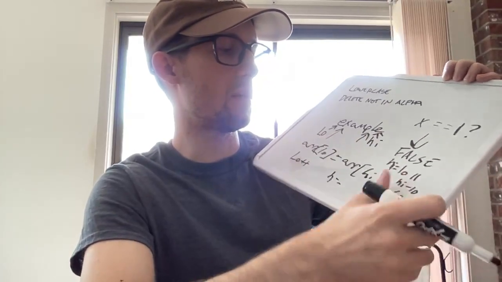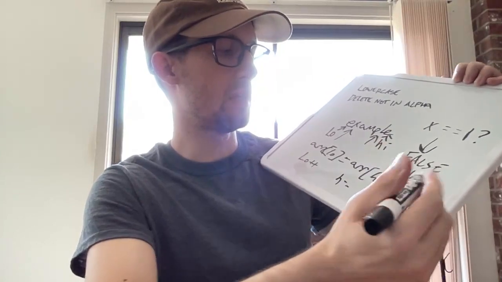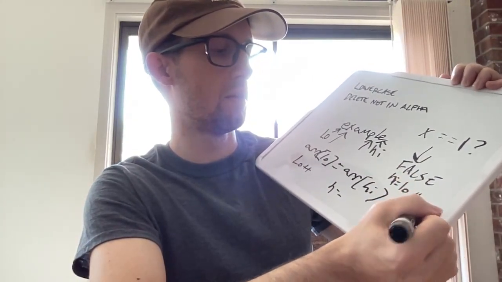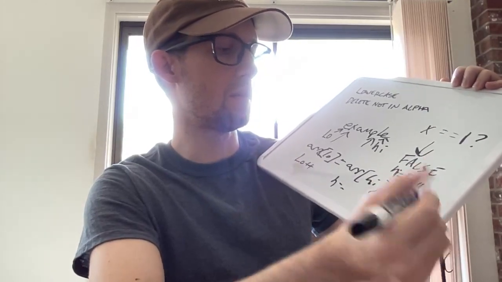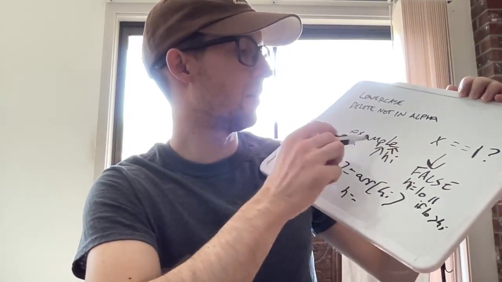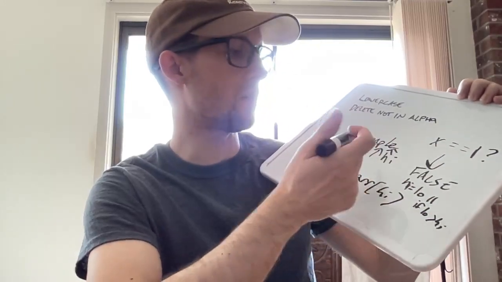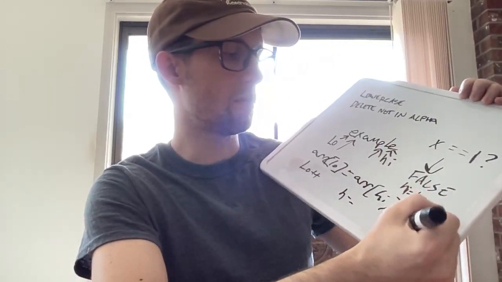Well, maybe I want to say if low is greater than high, return true, because that means we checked every pair of letters converging to the center of the word. So return true.